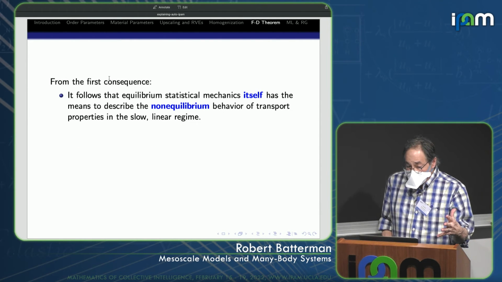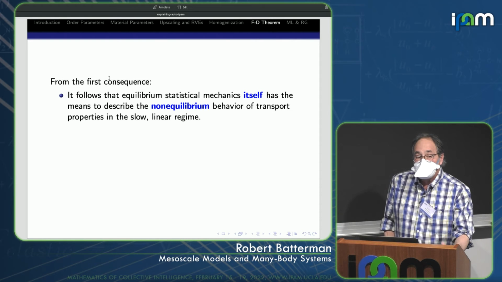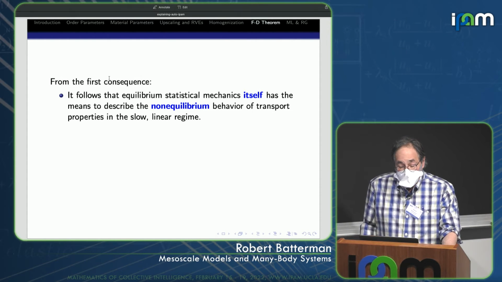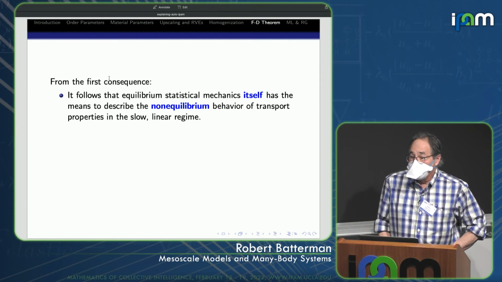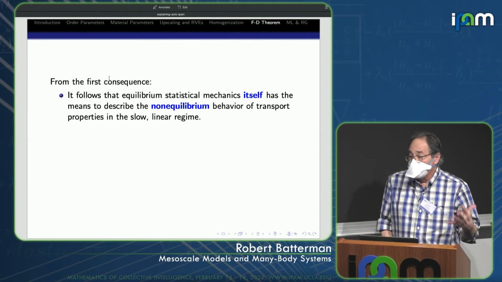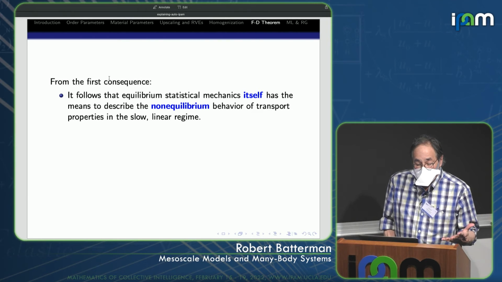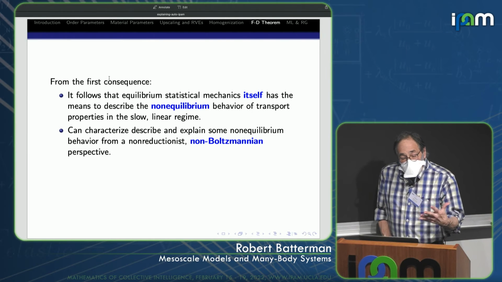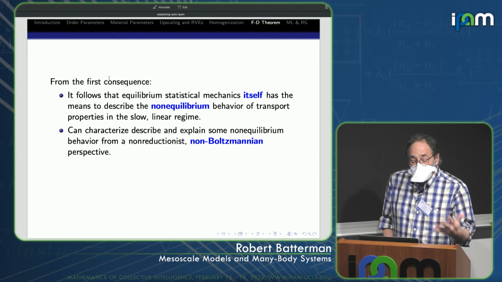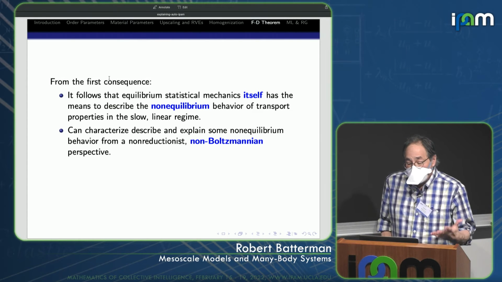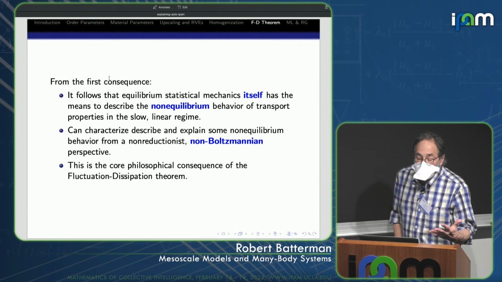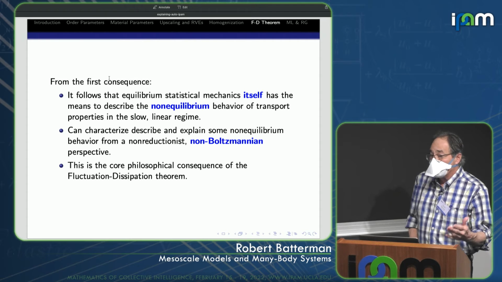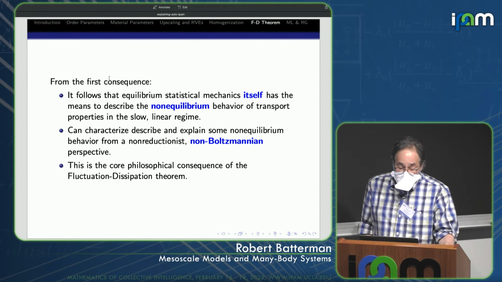From the first consequence, it follows that equilibrium statistical mechanics itself has a means to describe at least some non-equilibrium behavior of transport properties in that slow linear regime. So we can characterize, describe and explain some non-equilibrium behavior from a non-reductionist, non-Boltzmannian perspective. And that's the core philosophical consequence of the fluctuation dissipation theorem from statistical mechanics.